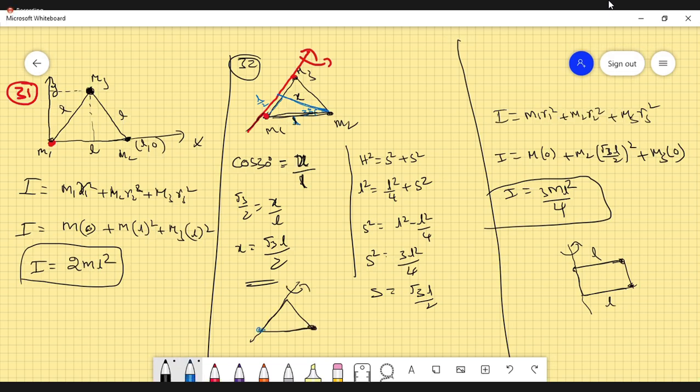The angle is not 90 degrees, it is 60. It should always be perpendicular, so we draw a perpendicular line from this point to the axis of rotation. This perpendicular distance is root 3L by 2.